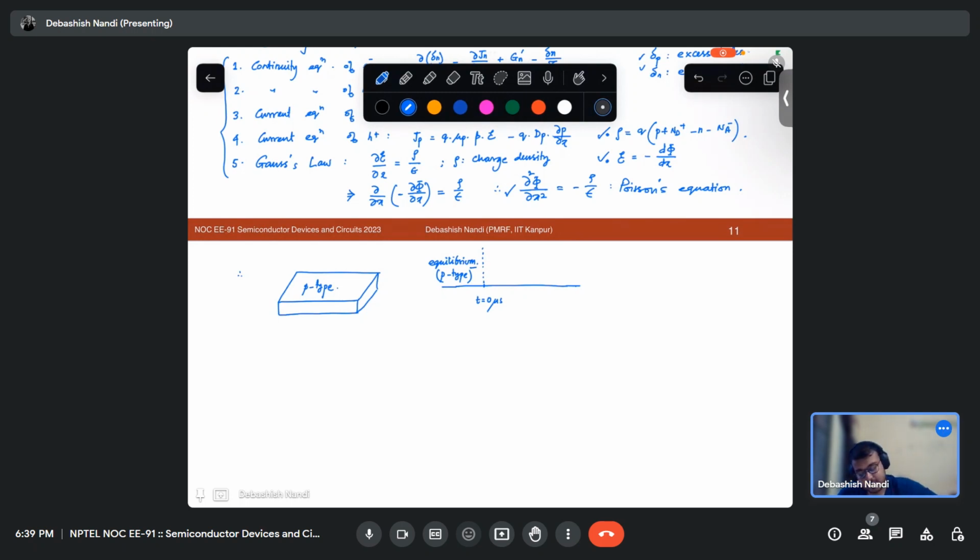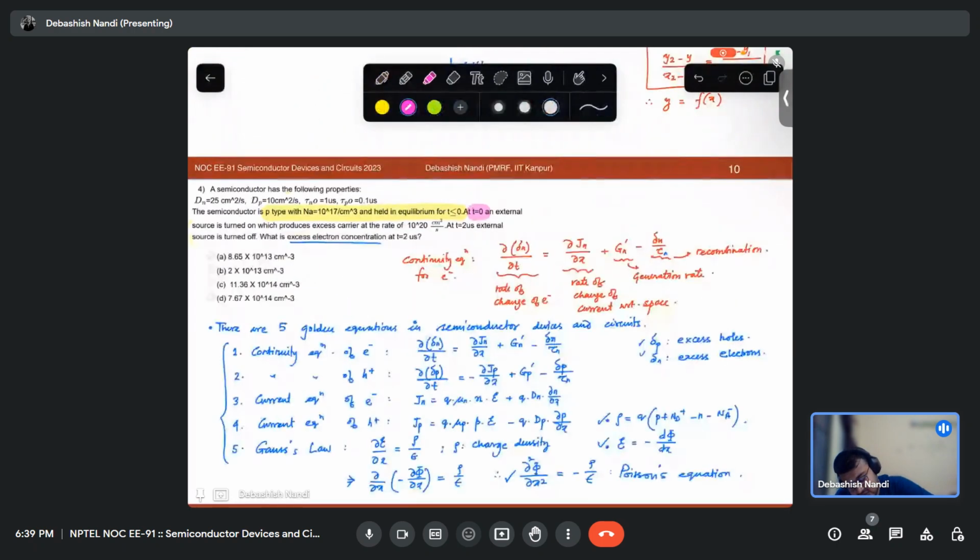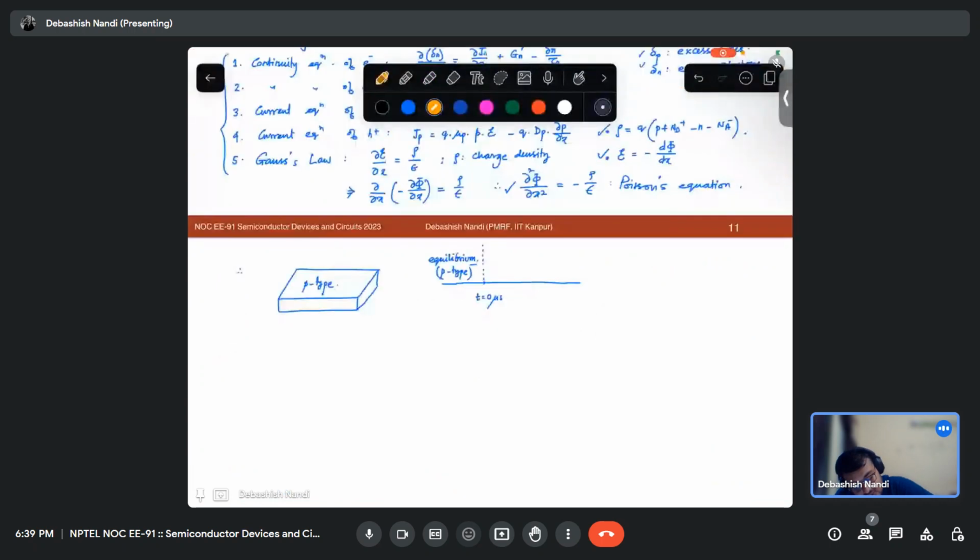Second point is that at t equal to 0, an external source is turned on, which produces excess carriers. That means at t equal to 0, some source is turned on, which is producing excess carriers.